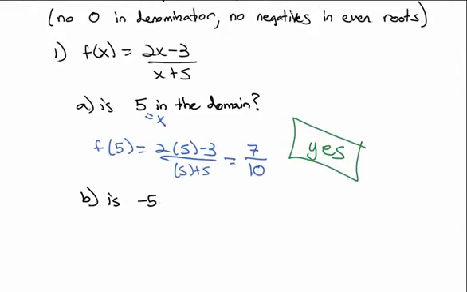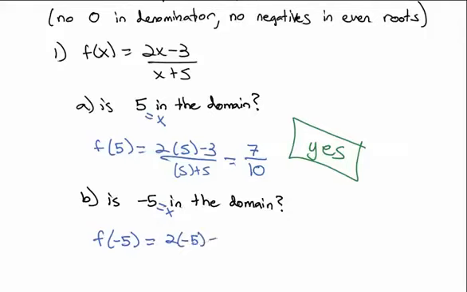Let's look, is negative 5 in the domain? In other words, can negative 5 be an input or an x? Can we find f of negative 5? Well, that would be 2 times negative 5 minus 3, all over negative 5 plus 5. Simplifying, we have 2 times negative 5, which is negative 10, minus 3 is negative 13.